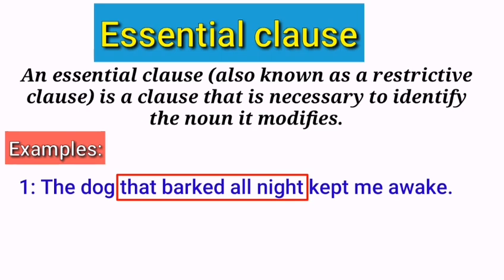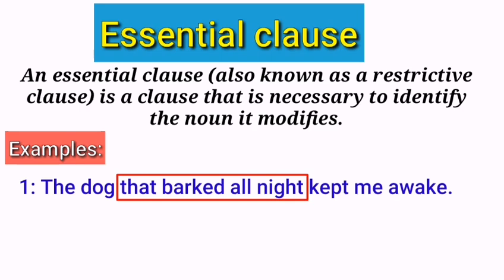The first one was that it would modify a noun, so in this case, this group of words modifies the noun, the dog. And the second point was, it would not be separated with commas, so, you can see this group of words is also not separated with commas.